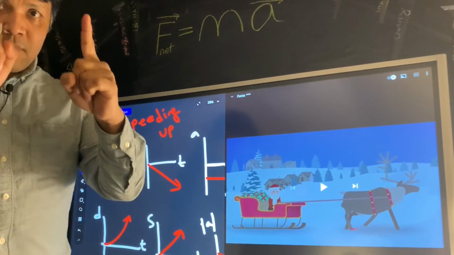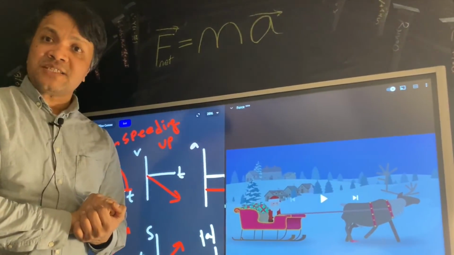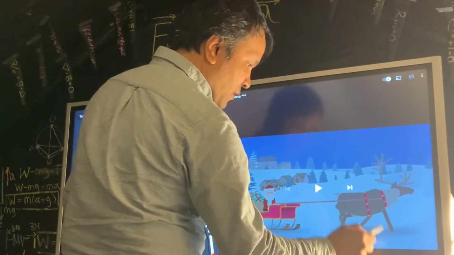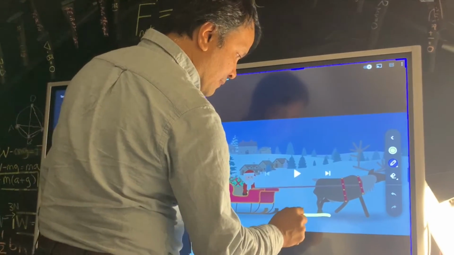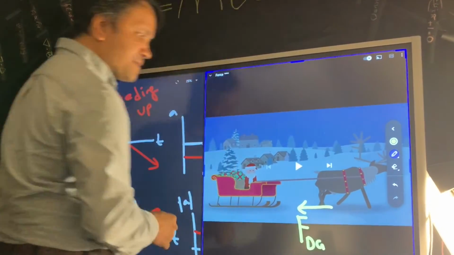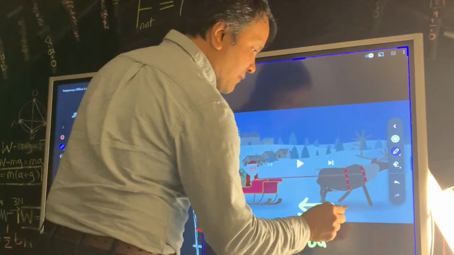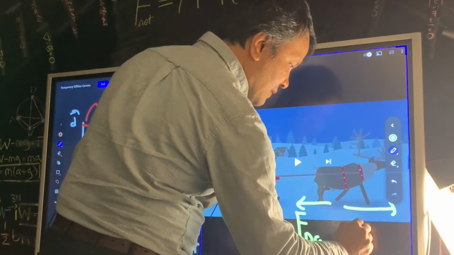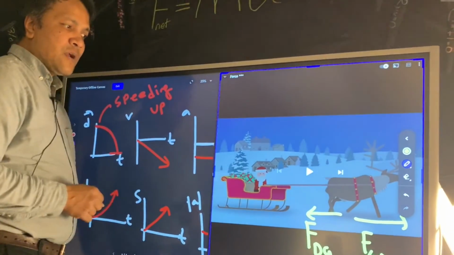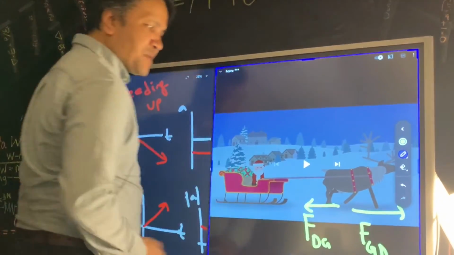Let's pay attention to the first pair of forces. What is happening? The reindeer applies some force on the ground, and the ground applies some force on the reindeer, which is equal in magnitude and opposite in direction.